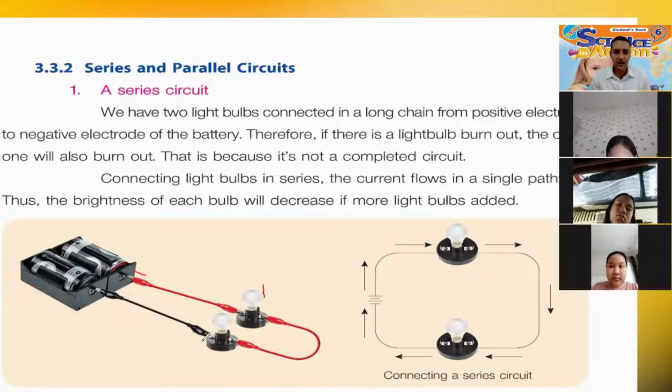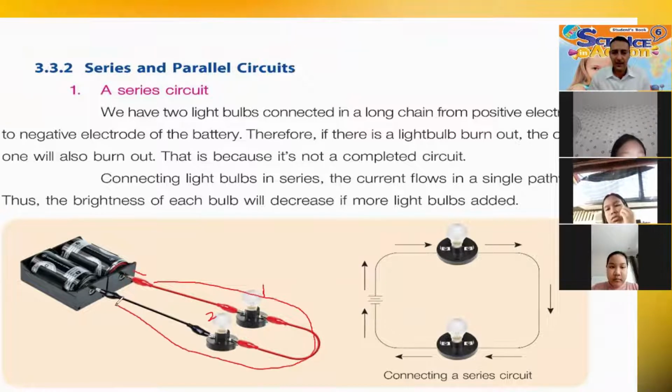Bulb number 1 and bulb number 2, and it's all connected in a long chain, right? From positive, here you can see one side is the positive electrode, the other one negative. It's connected in a long chain.